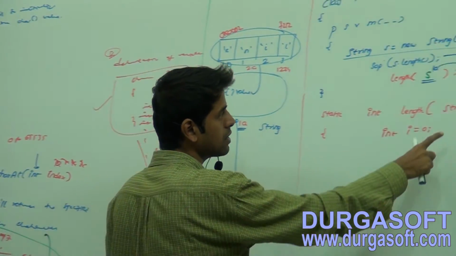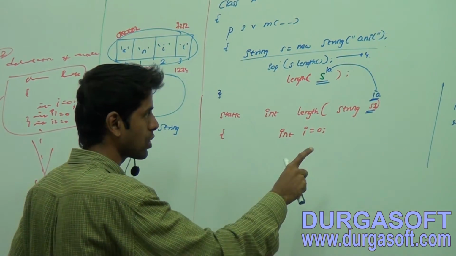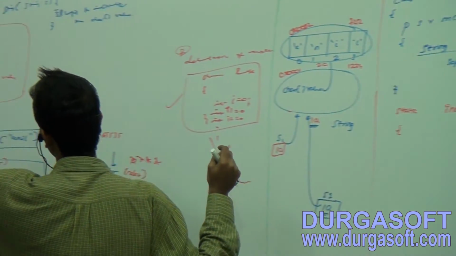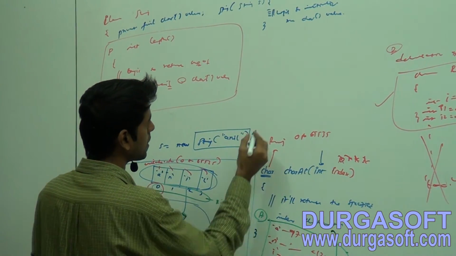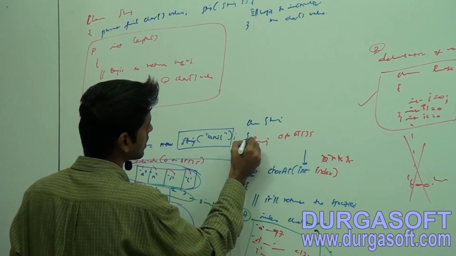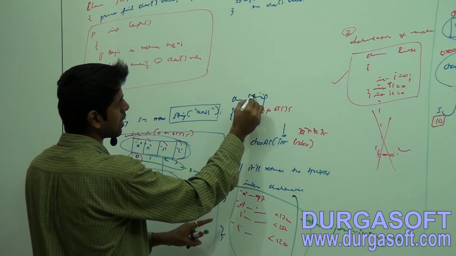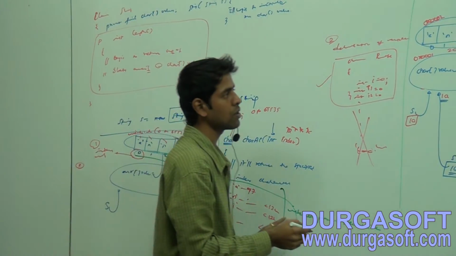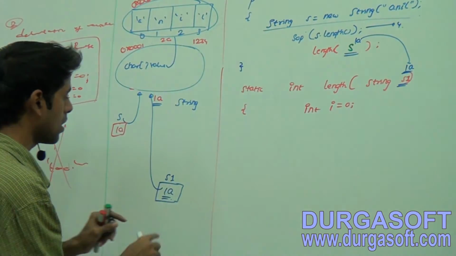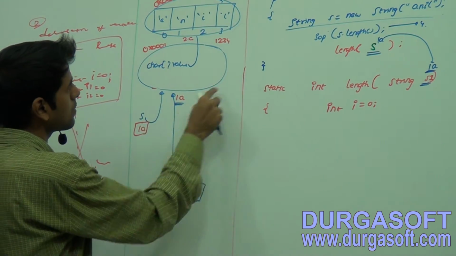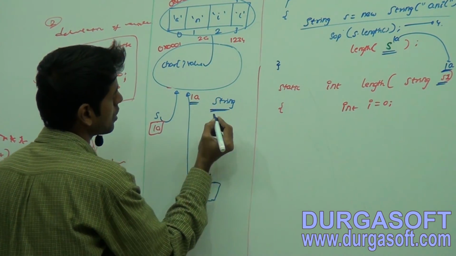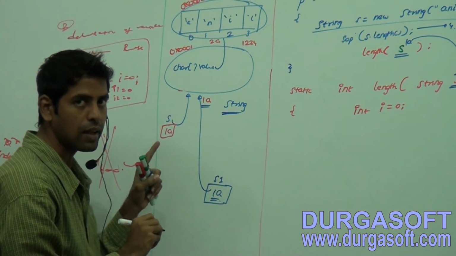Observe here, yes, s1 type is what? A string. So within string class you are having this method. Observe here, class string is having this method. Okay, now s1 is 1a, it is referring this object, string object, so I can call charAt method.